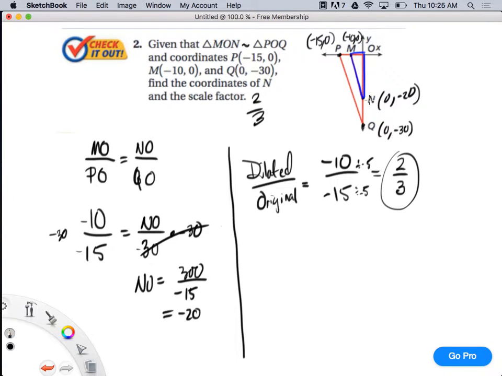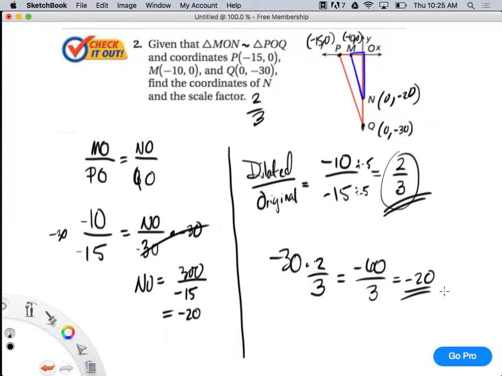And then how do I get n now? What do I do with the scale factor? I multiply. So I take negative 30 and I multiply it by 2/3. Negative 30 times 2 is negative 60, divided by 3 is negative 20.